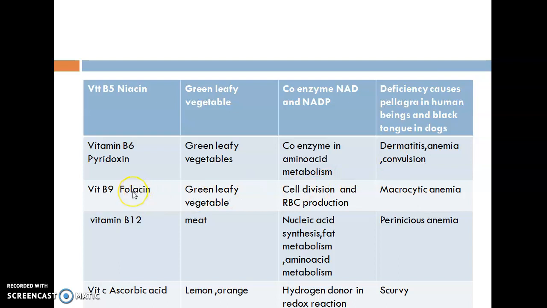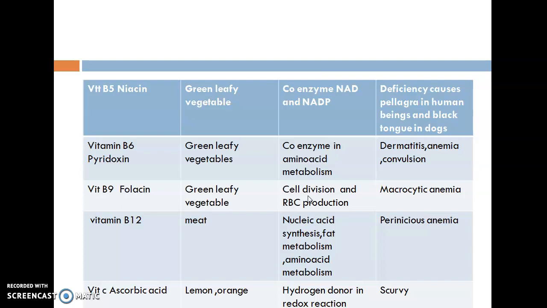And vitamin B9, it's called folacin. It promotes cell division and it's involved in RBC production, takes part in purine, pyrimidine, and histidine, an amino acid, synthesis. Purine, pyrimidine are the building blocks of DNA and RNA.